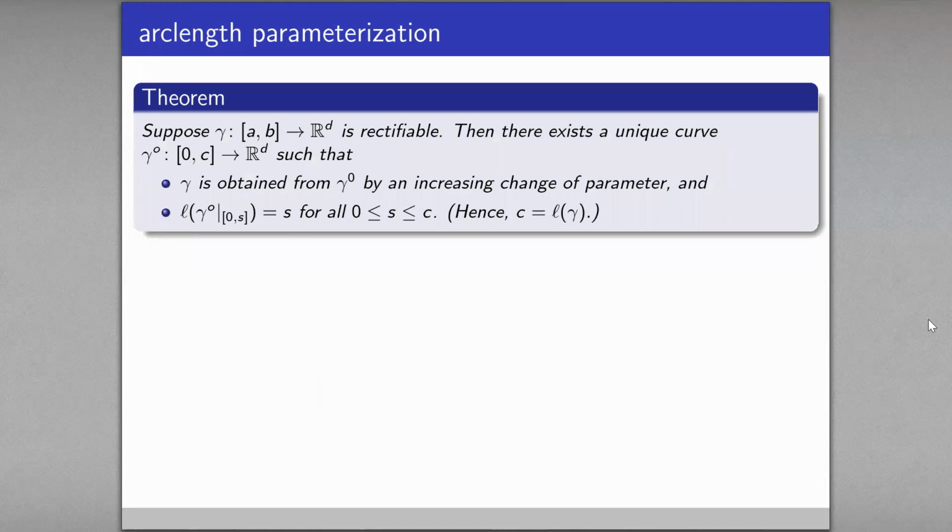Okay, and here comes the arc length reparameterization theorem. Suppose you have a rectifiable gamma. That's the only assumption on gamma. It has finite length. Then there is a unique curve gamma 0 defined on some interval 0 to c, such that gamma is obtained from gamma 0 by an increasing change of parameter. So this goes back to our previous picture.